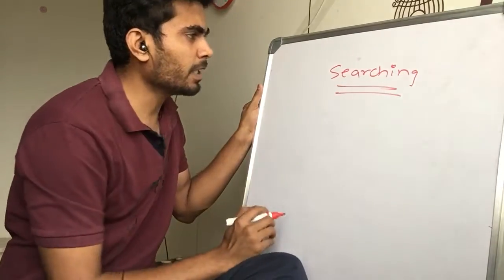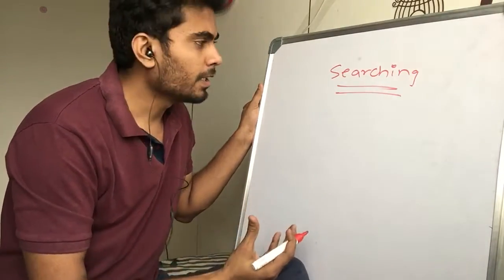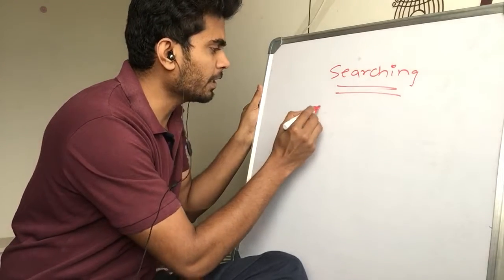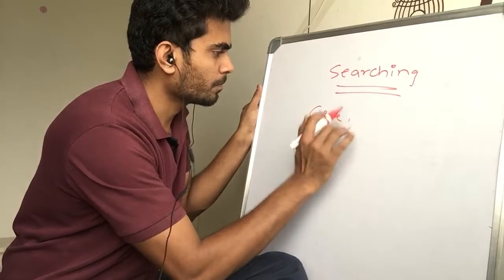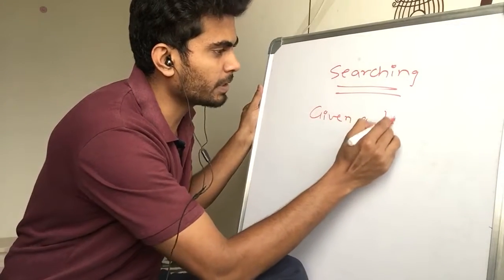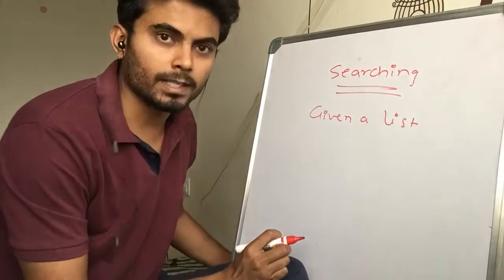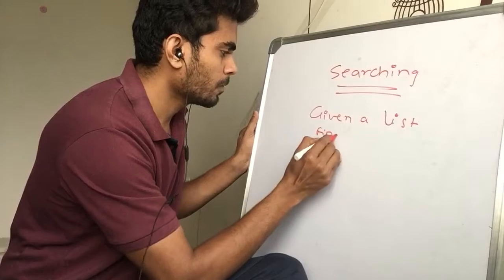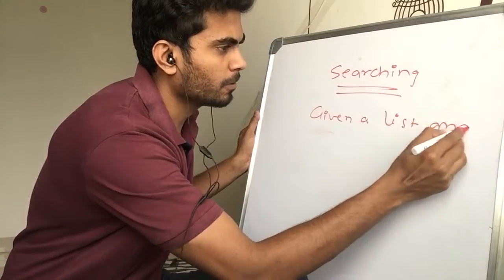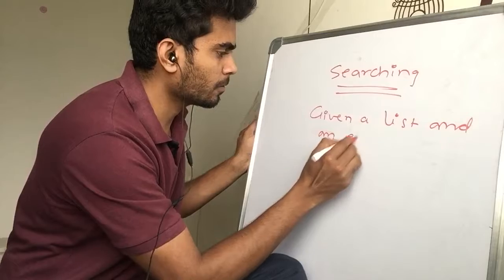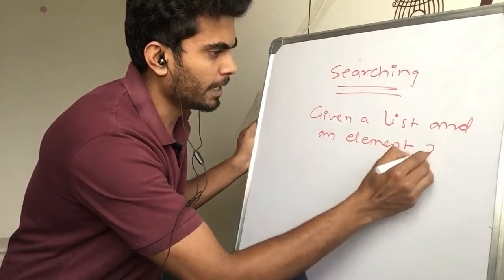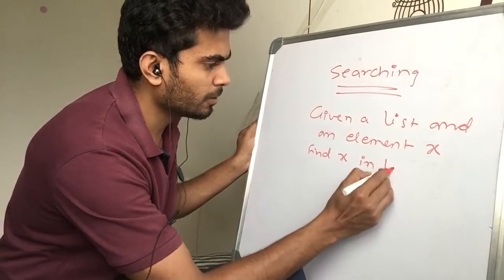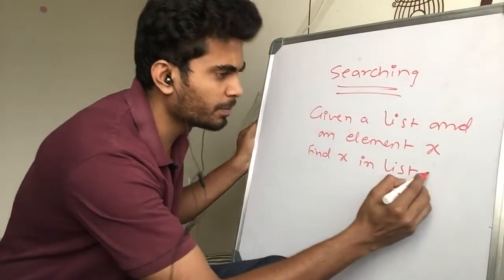And what is the problem statement? Given a list, basically that list can be anything, a linked list or an array. So given a list and an element x, find x in the list if it is present.